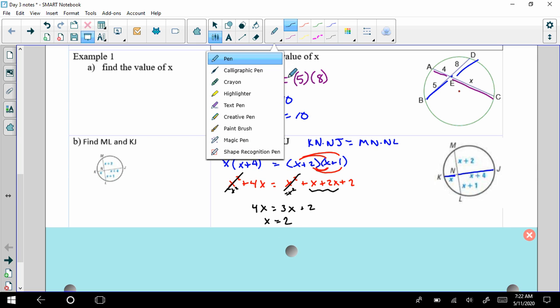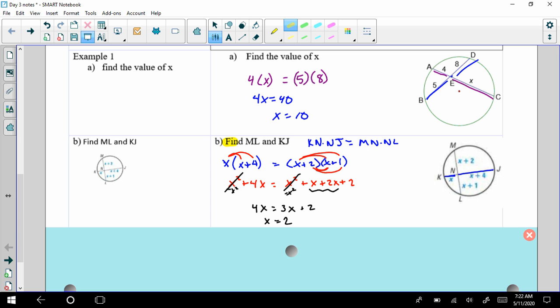Make sure, though, you're answering the question, because this says to find the length of ML, which is this whole thing, and the length of KJ. Well, they're the same, so we really only need to find the length of one of them to have the length of the other. But we do need to plug in our 2 here to figure that out.